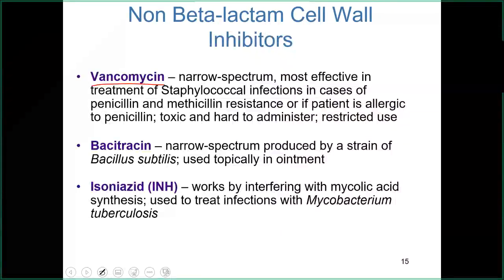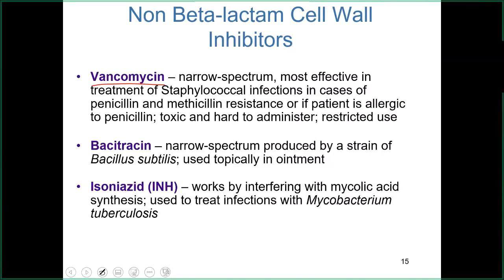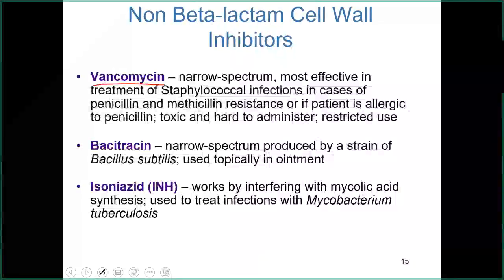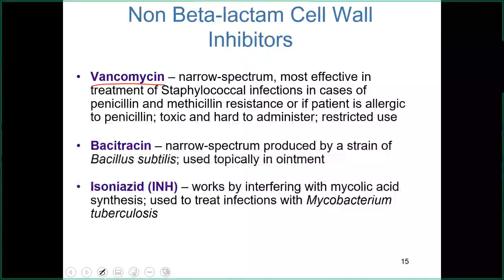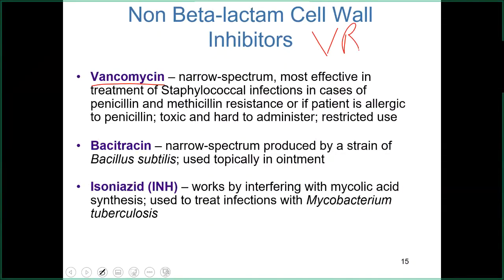But in recent years, Staphylococcus, Staph aureus in particular, infectious Staph aureus serotypes have evolved resistance to vancomycin. And so we have this strain of Staph aureus known as VRSA now.